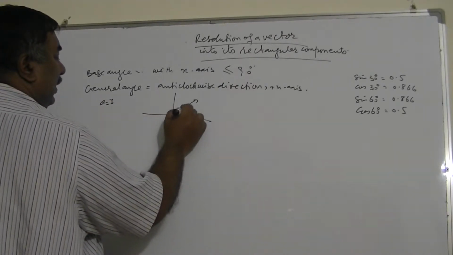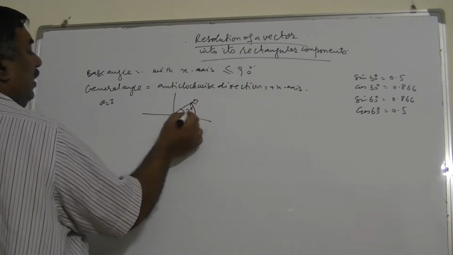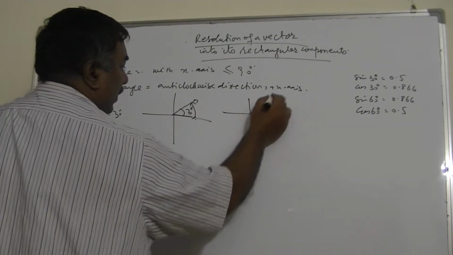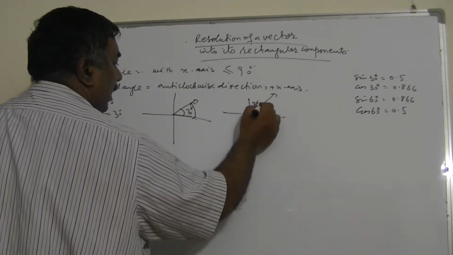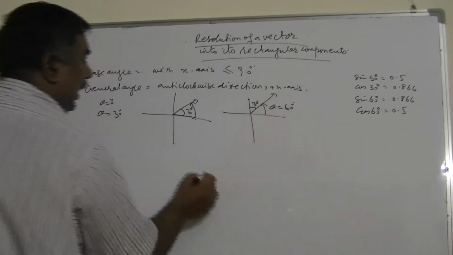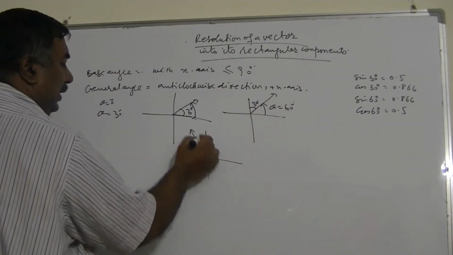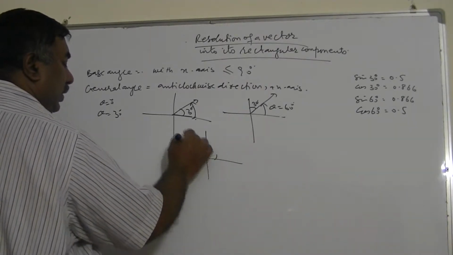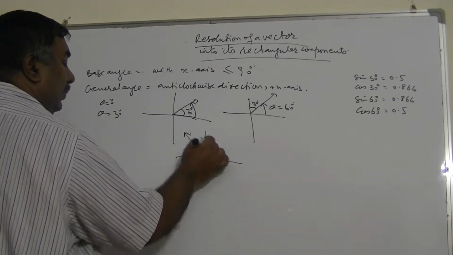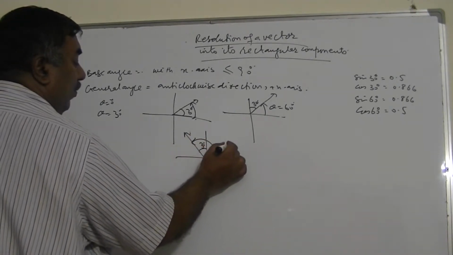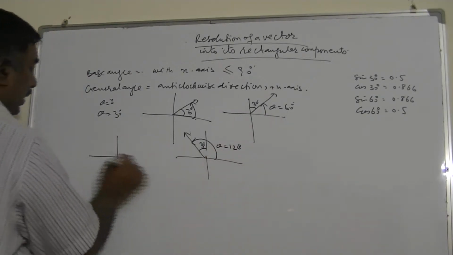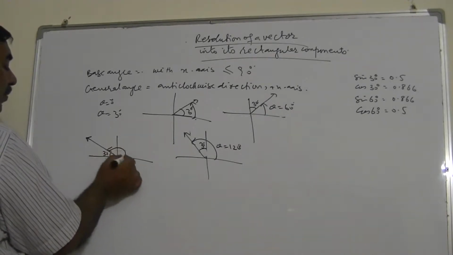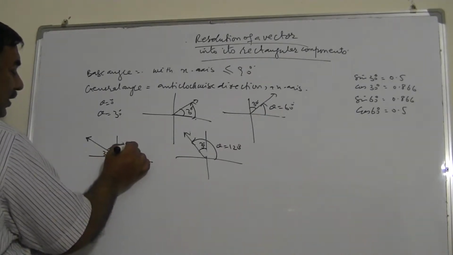If this angle is 30 degrees, then the general angle is also 30 degrees from the positive x-axis. But if the 30 degrees is measured from the y-axis, the general angle will be 60 degrees. If the 30 degrees is on this side, the general angle is 90 plus 30, which is 120 degrees. If it is this 30 degrees, the general angle is 180 minus 30, which is 150 degrees.